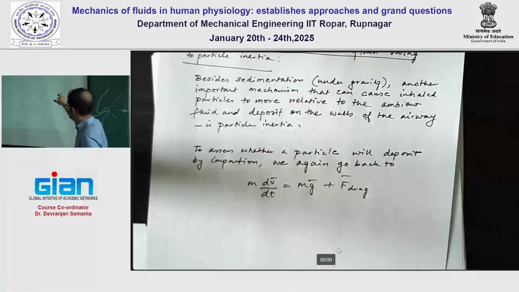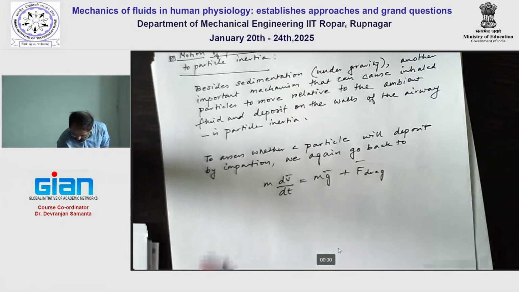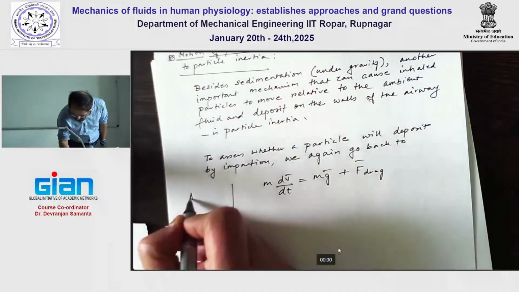What we are going to see is there is a specific time scale, the particle relaxation time, that we can use to characterize the mechanics, and that is something that is going to help us to non-dimensionalize all these equations as well. So let's try to do that. So this is to assess the inertial dominance.